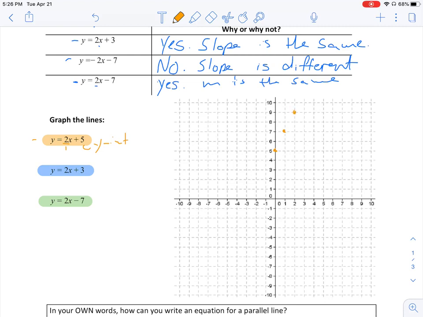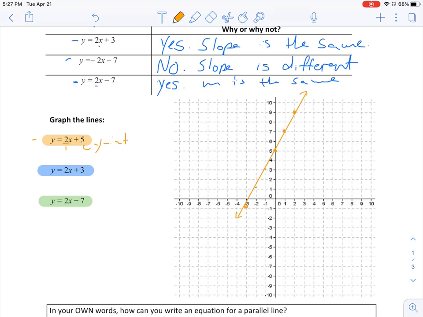2 over 1. And if I was to draw a line, or go down to 1, it would look something like this. So my line, y equals 2x plus 5, is right here.